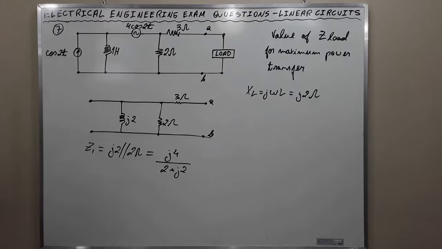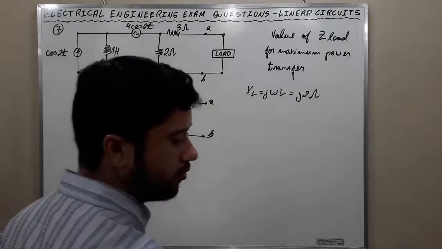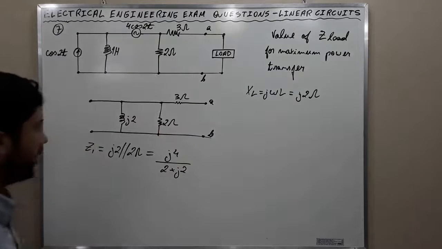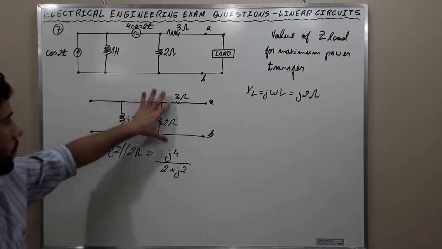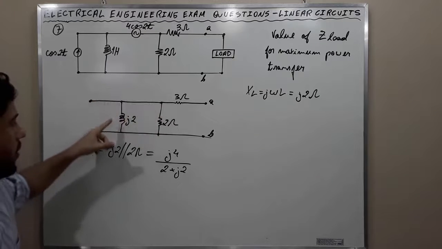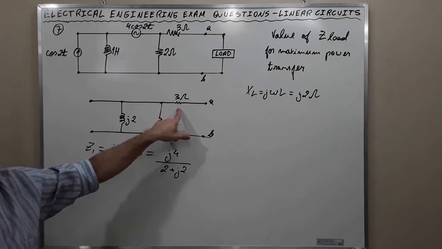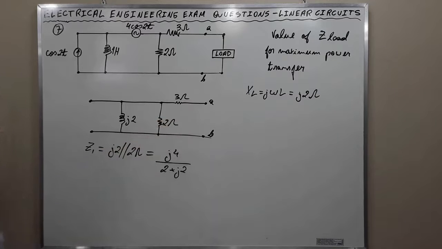And they will be like this. They are in parallel to each other, but they are in series with this 3 ohm resistor.